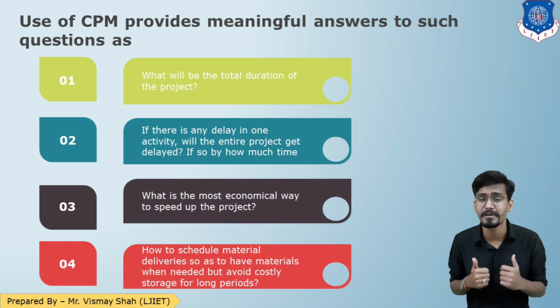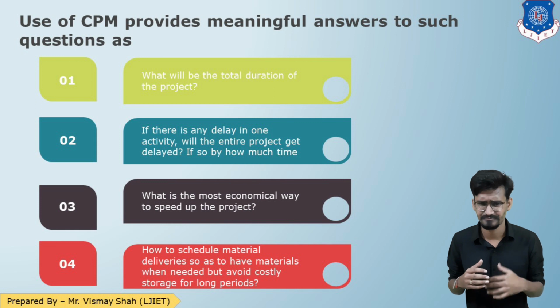We always want to complete the project within the cost. So by using critical path method we can have the most economical way to speed up the project. That is known as critical path. So we'll be able to find the critical path by applying CPM method.